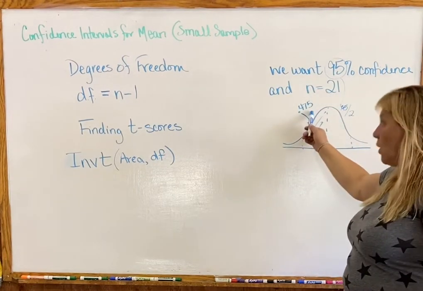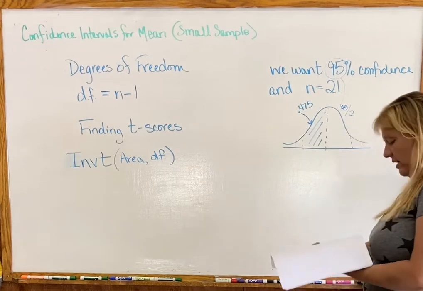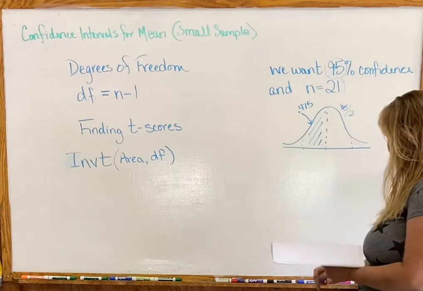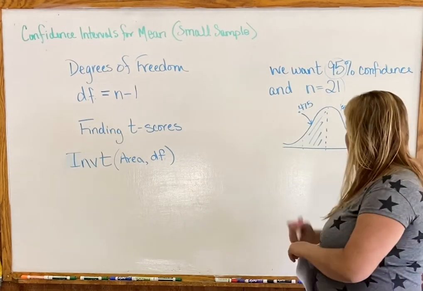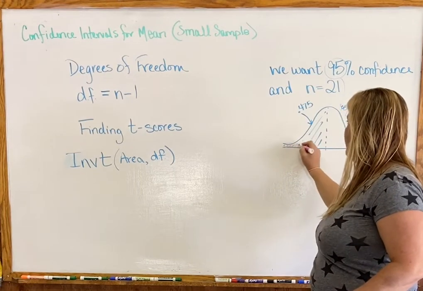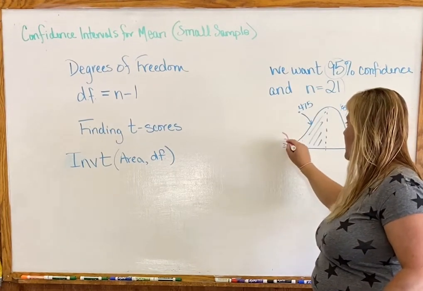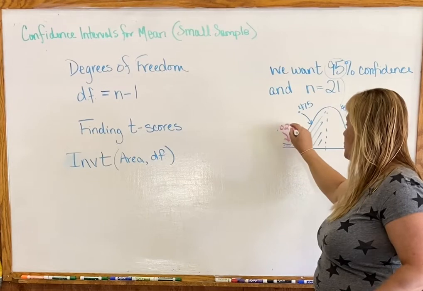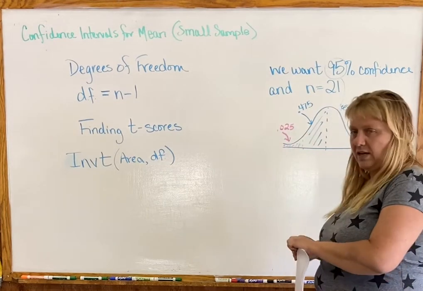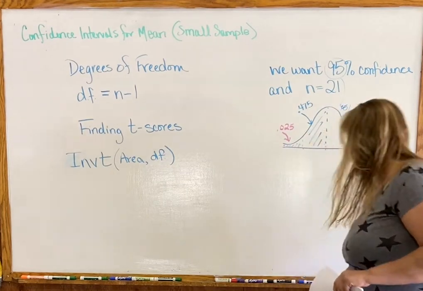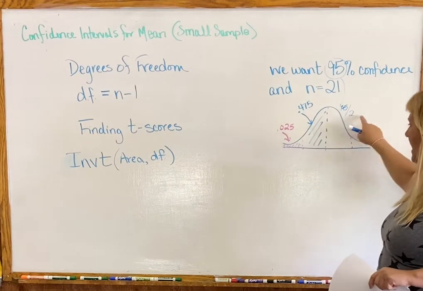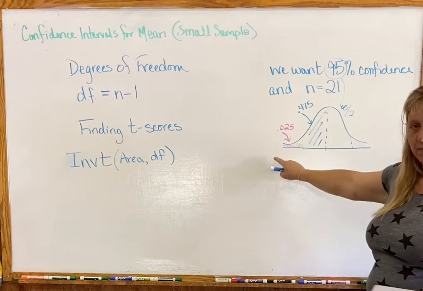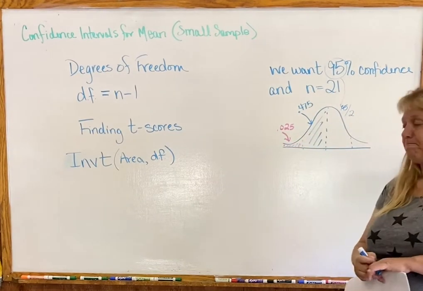Again, we don't want that, we want the area of the tail. The area of the tail out here is 0.5 minus that, which would be 0.025. It's a little bit of a process to get there: divide in half and then find the complement.